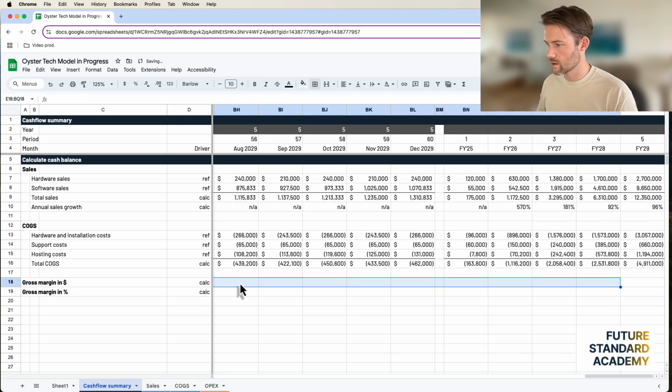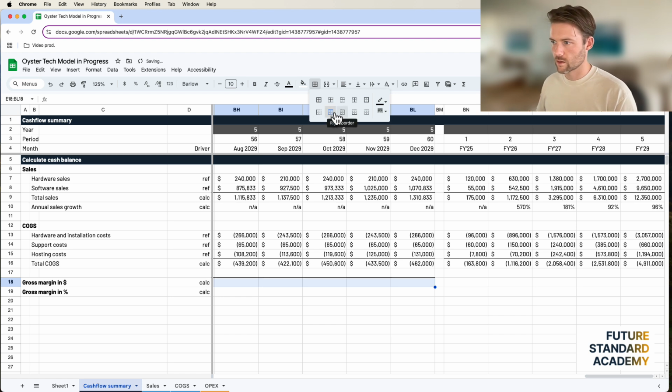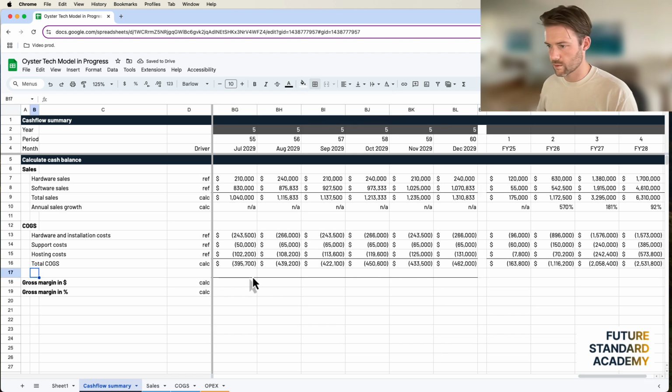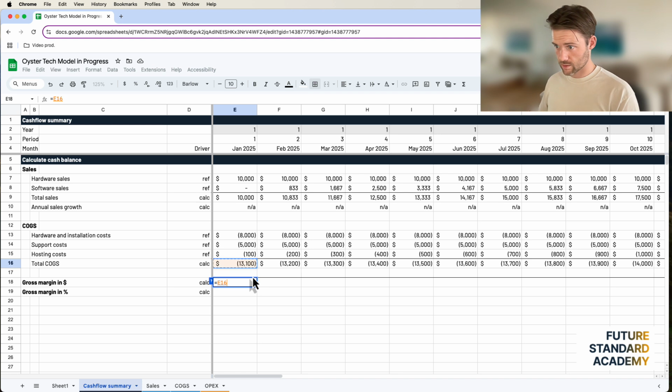Let's put another border up top here. So our margins in the first month are going to be negative. That's fine. How negative are they? 31% negative. Why? Mostly because of that support staff right there.